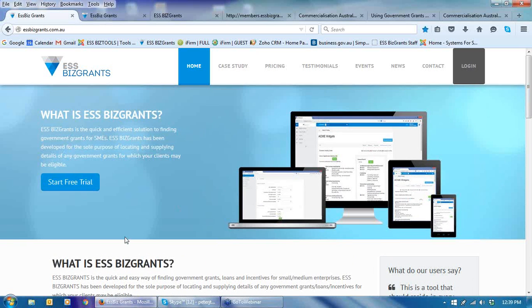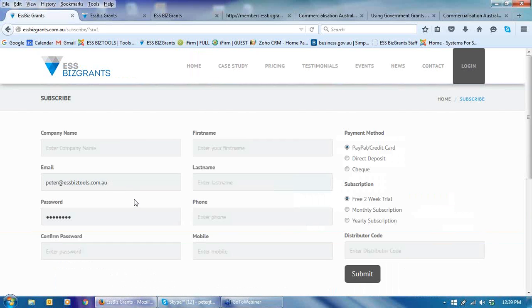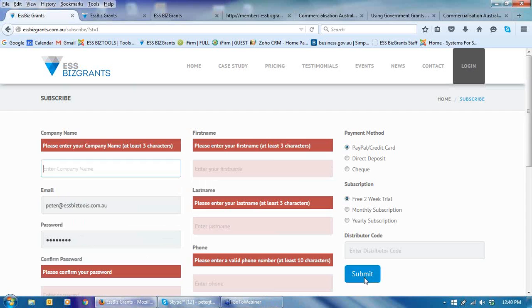So hopefully that will be of interest to you. If you wish to get a 14-day trial, you just need to submit the subscription area and then submit it, and the system will then grant you a trial period for 14 days to trial one or two of your clients, just to see how this system works.